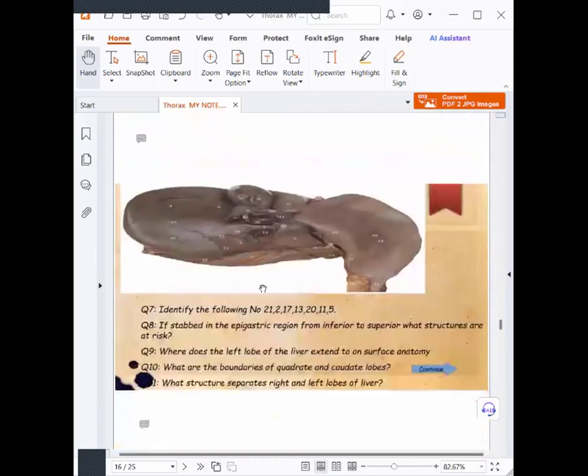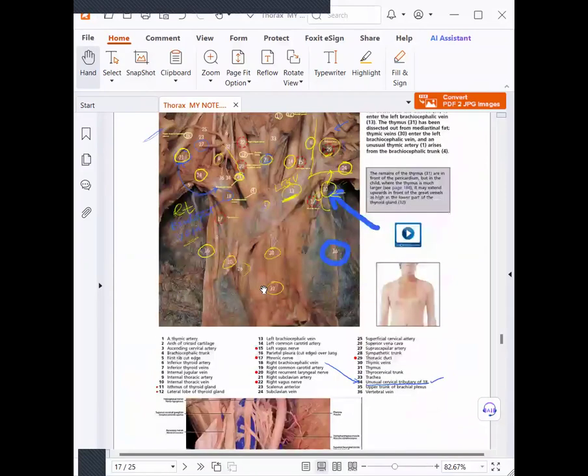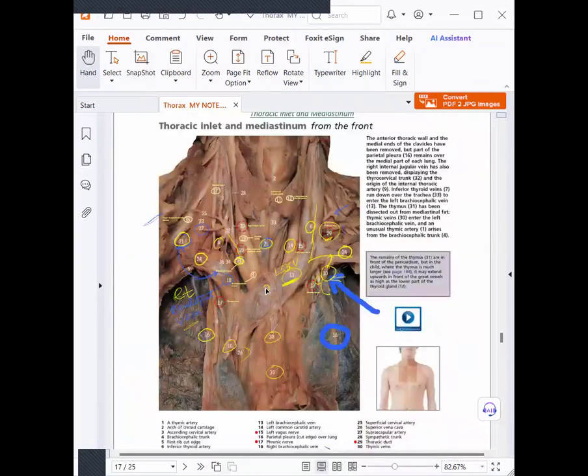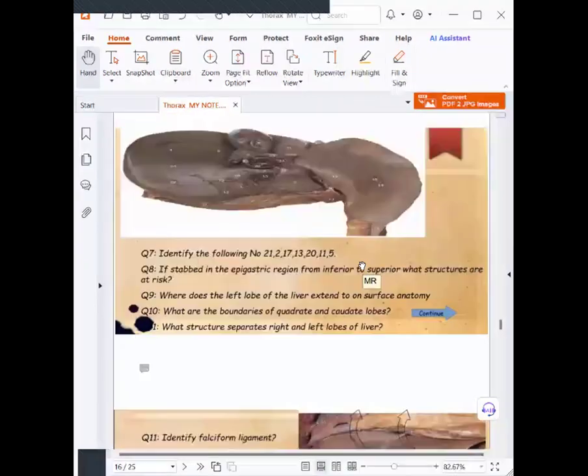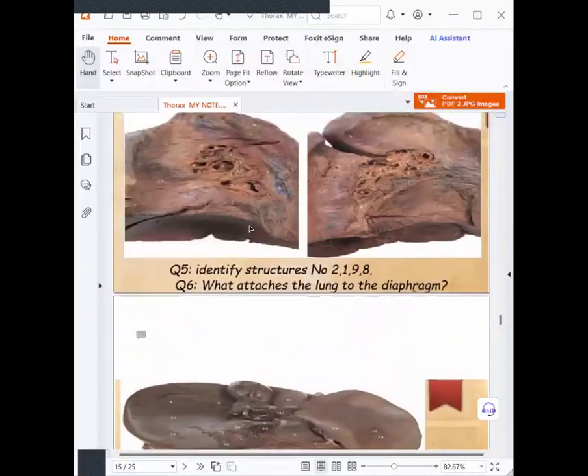Are those easier to identify or complicated? They are not very complicated. They are easier. It depends on your mental state. If they give those pictures right now, you can answer everything.